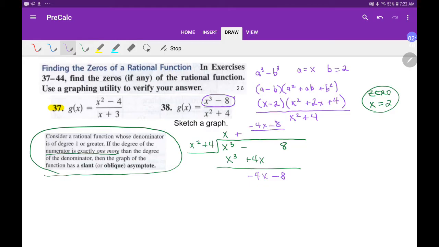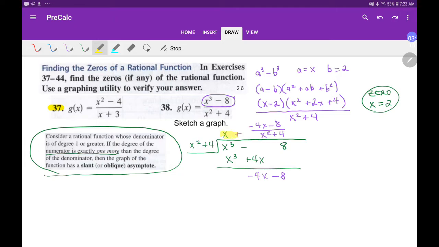And if you recall, the remainder doesn't matter when it comes to an oblique asymptote, because as x gets large, the bottom wins. It wins much more than the numerator. So since the bottom is growing so much faster than the numerator, it becomes really close to 0, and we really don't have to care about it.